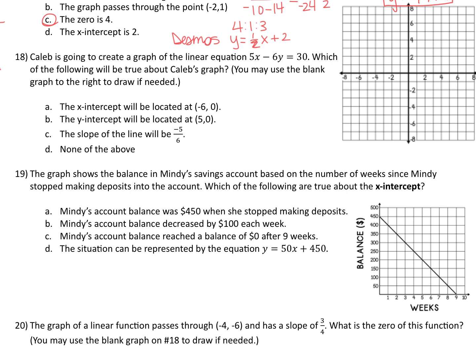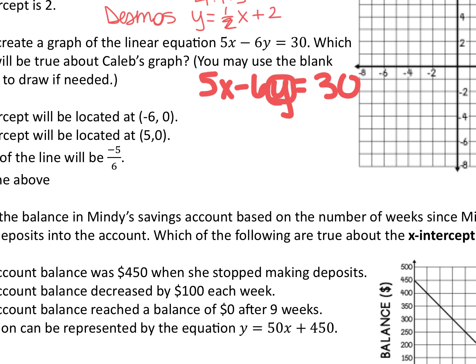Number 18, you're going to have to change this to y equals mx plus b so that you can, in fact, graph it, which is what we had done earlier on the front on number 13. This is a positive 5x, so we're going to make it a negative. And you cannot put an x with a regular number.